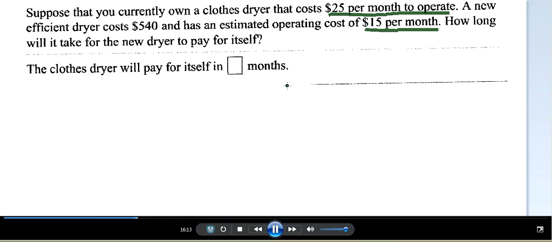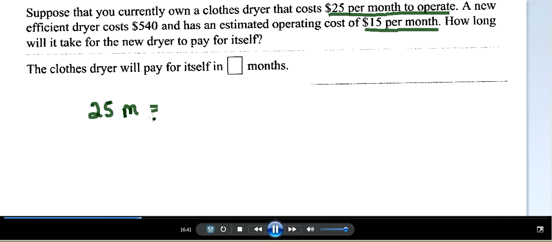Alright, so what I want to do is get two equations for this. So if I have a clothes dryer that costs $25 a month to operate, I could write that up as 25 times however many months we want to figure out for. So that is the variable. I'll write it up as m, 25 times m. And I want to equal it to what the new dryer is.